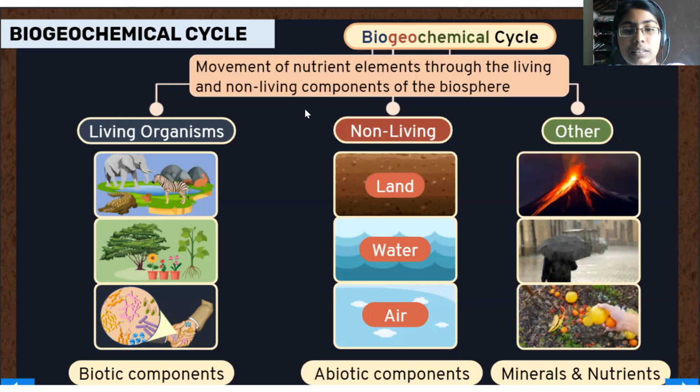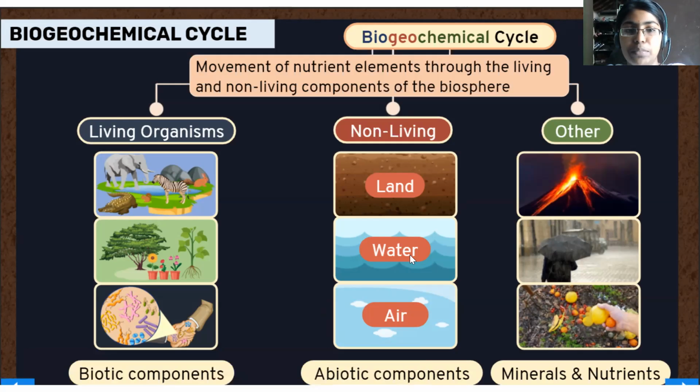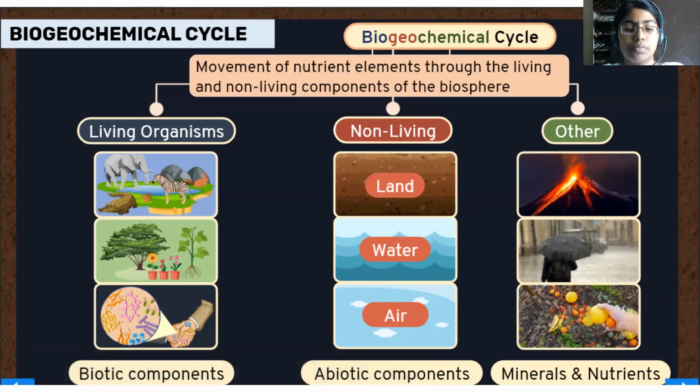Is it clear? Vijay? Yes, ma'am. Okay, Rahul? Okay, Atulya gave me a thumbs up. Okay, can Nandana tell me what all comes under the abiotic components? Ma'am, the non-living things. Okay, can you give me an example for that, Nandana?